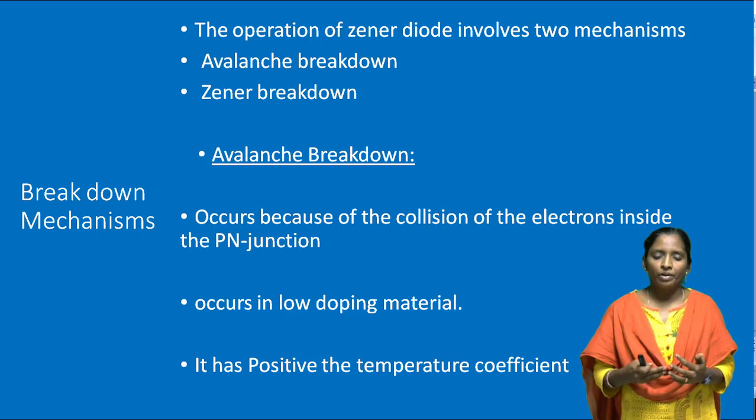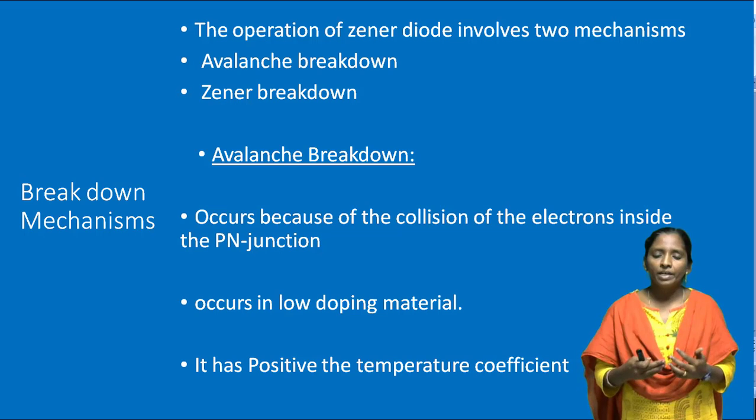As they move towards the junction, they collide with each other. At the collision, they form a recombination electron hole pair. Due to this recombination, there is a current flow. That current flow is known as current flow in the avalanche breakdown region. So avalanche breakdown occurs due to collision of electrons inside the PN junction.